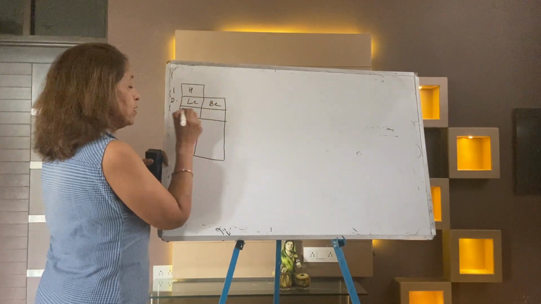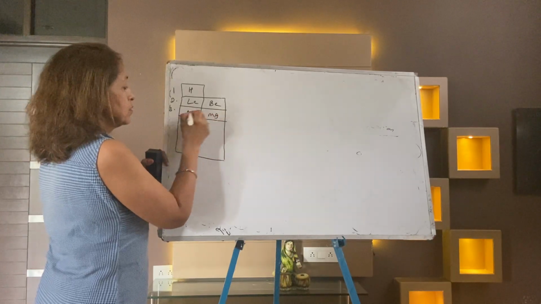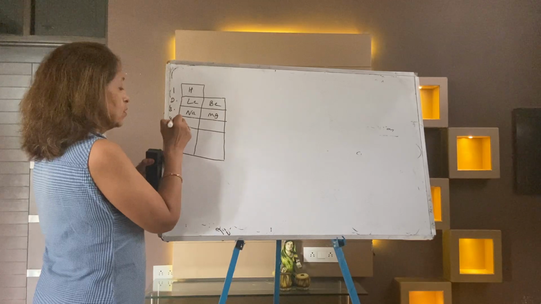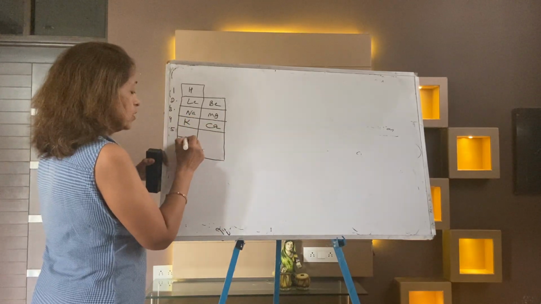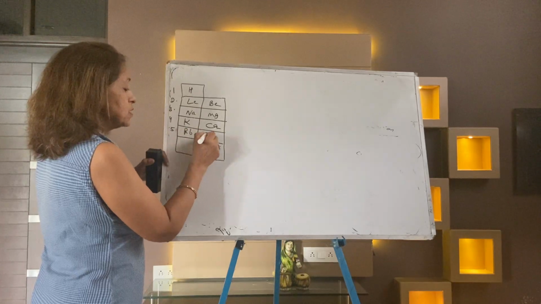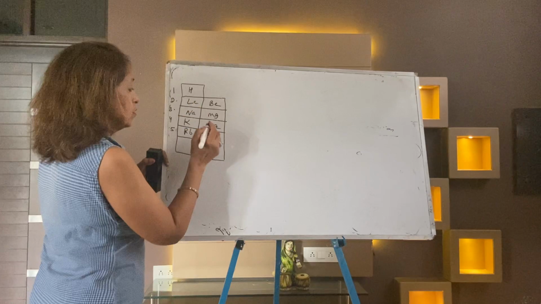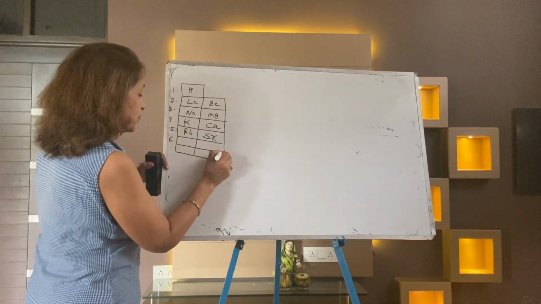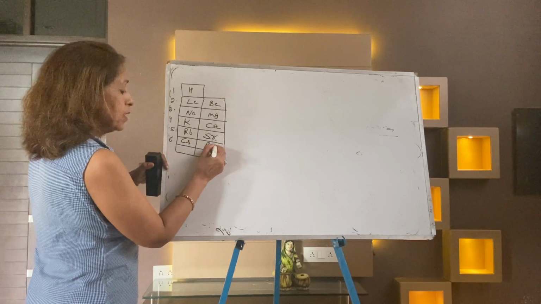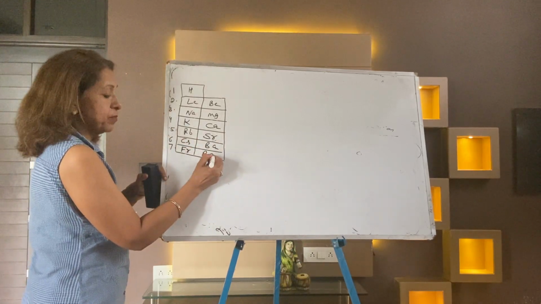This is your third period, sodium, magnesium. Fourth period, potassium, calcium. Fifth period, rubidium, strontium. Sixth period, cesium and barium. Seventh period, francium and radium.